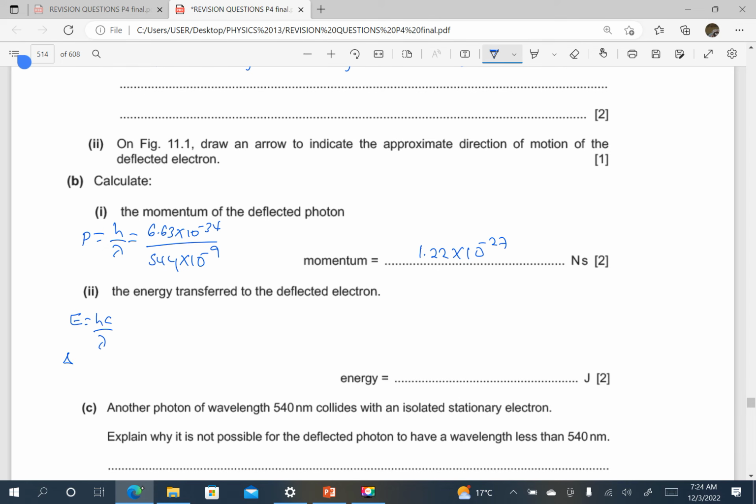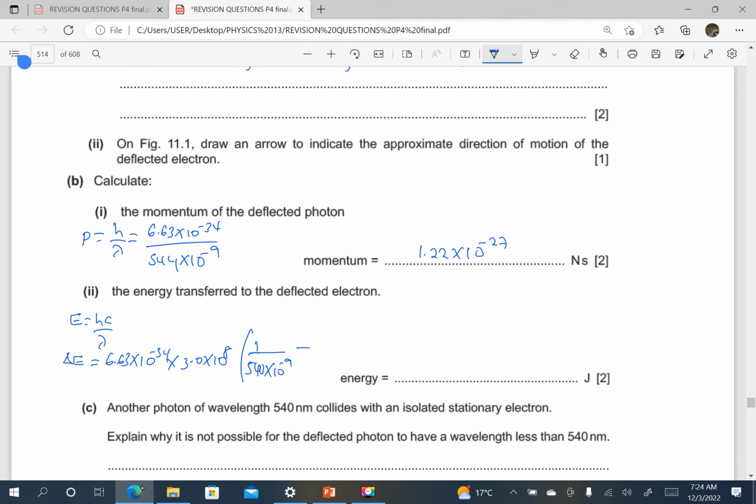So the change in energy is Planck's constant 6.63 times 10 power negative 34, speed of light 3.0 times 10 power 8, into, for the before deflection, which has more energy, 140 times 10 power negative 9.